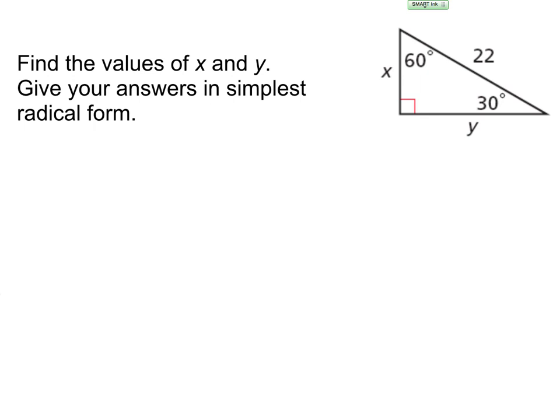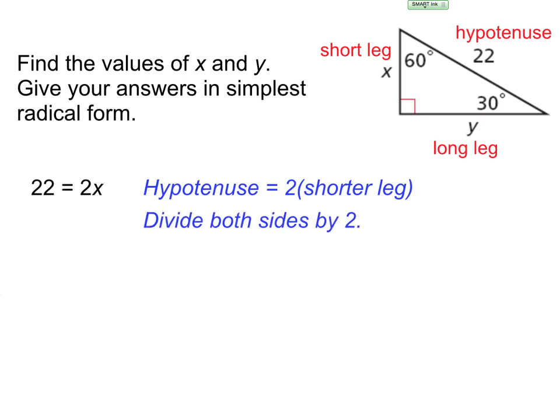So if you want to put like AC, if you want to put that is hypotenuse, that would help you make sense. Okay, so hypotenuse divided by 2 gives you, is that x or y? Which one's the short leg? X. So x is 11. We divided the hypotenuse by 2.